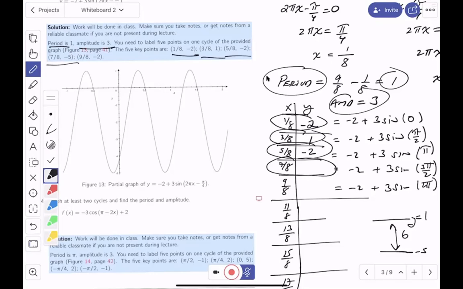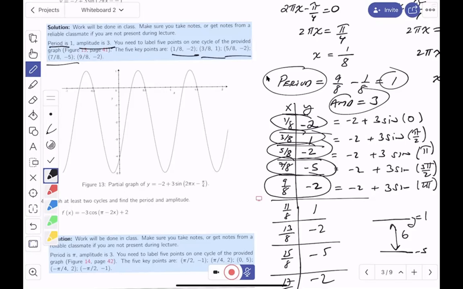Is going to be minus 1. That's going to be minus 5. And then when I did sine of 2 pi, which is 0, that's going to be minus 2. All right. I did make a mistake. It begins at minus 2, ends at minus 2. What's in the middle? 1, minus 2, minus 5. Ends at minus 2. All right.